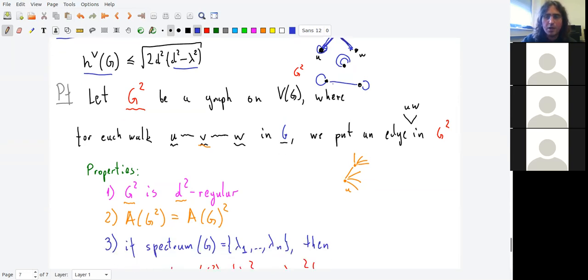Good. So G square is d square regular provided G was d regular. And more importantly, this operation can be very well understood in terms of the adjacency matrix, because the adjacency matrix of G square is nothing else than the square of the adjacency matrix of G, because I make one step of a walk and then the second step of a walk.